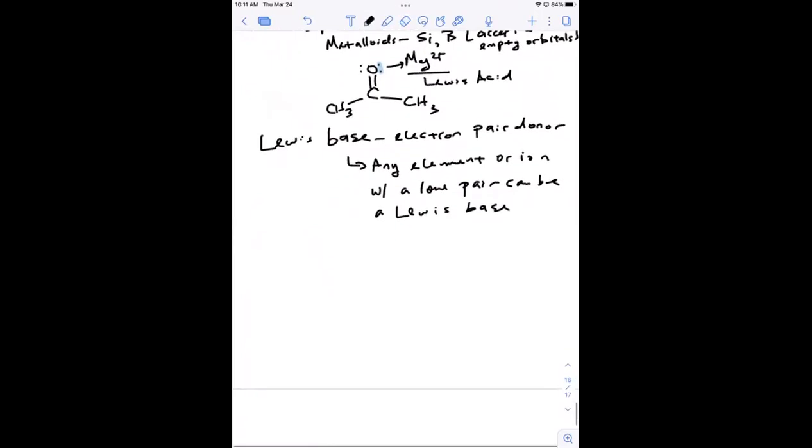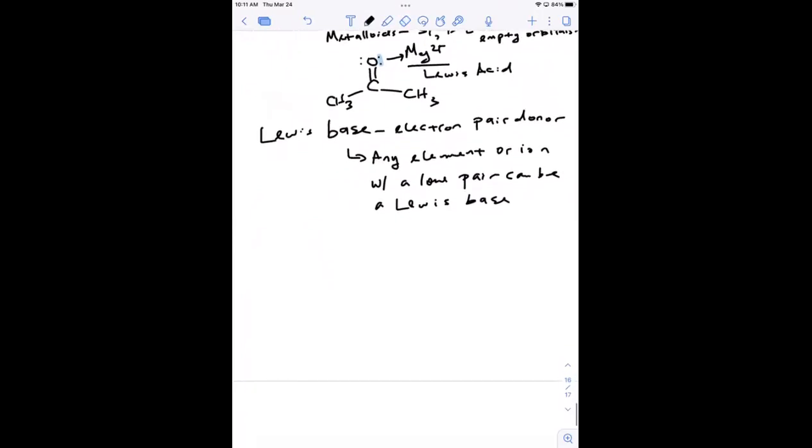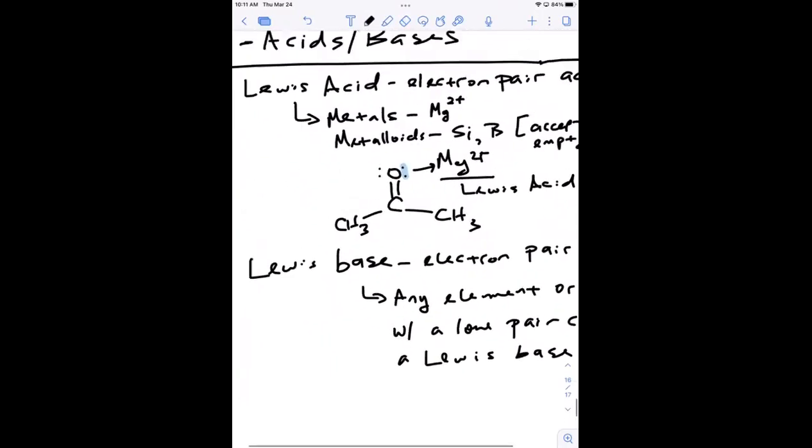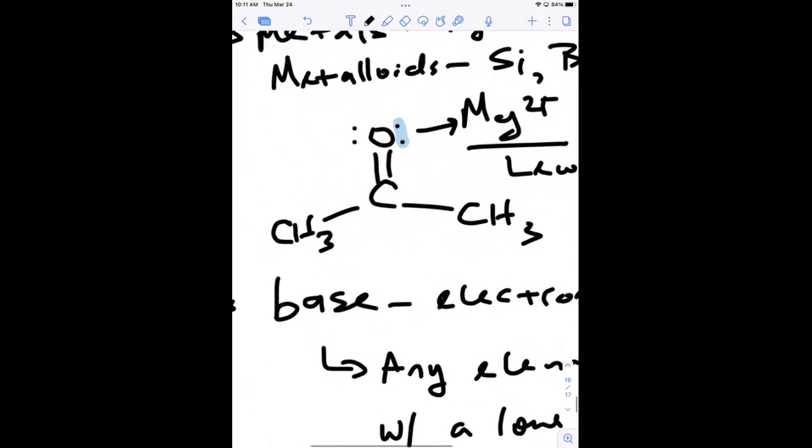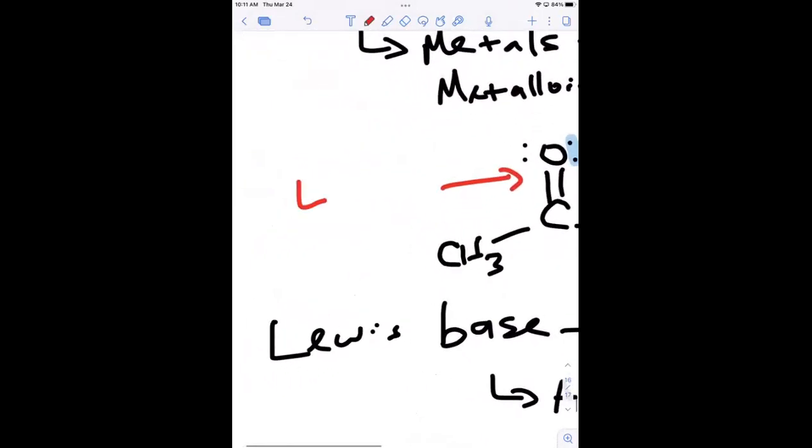Right? Any element or ion that has a lone pair. So you think about even the acetone here, it has those pairs of electrons that can be donated. So that can even be considered a Lewis base.